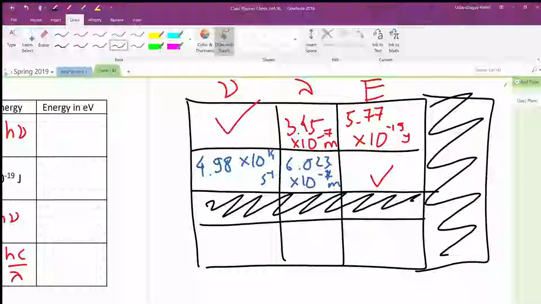And the last row, you are given the information of wavelength. So the frequency is 1.2 times 10 to positive 17 second to the negative 1, so inverse second. And then the energy is going to be 7.95 times 10 to the negative 17 joules.